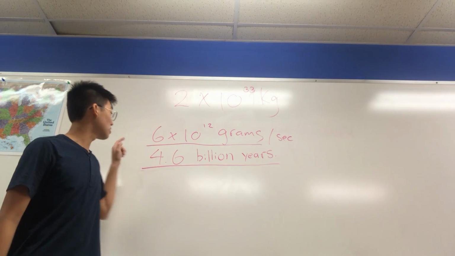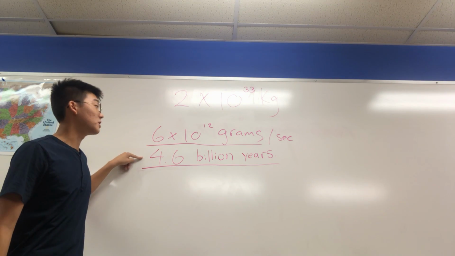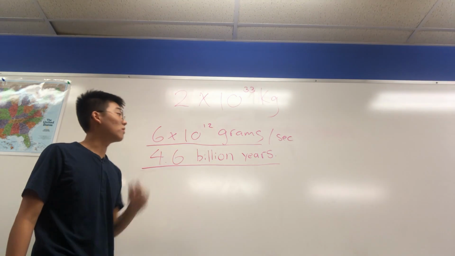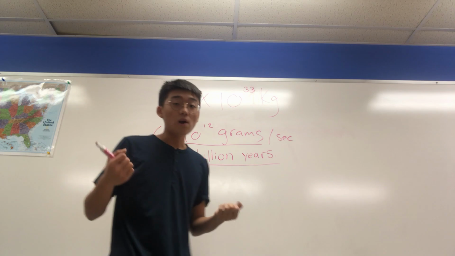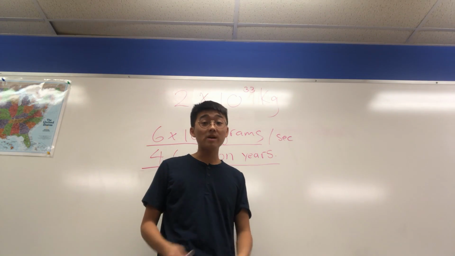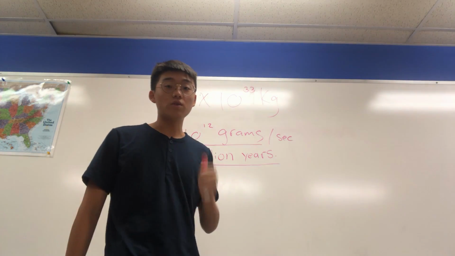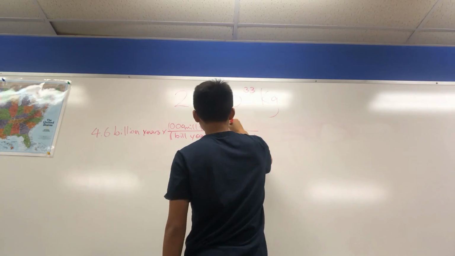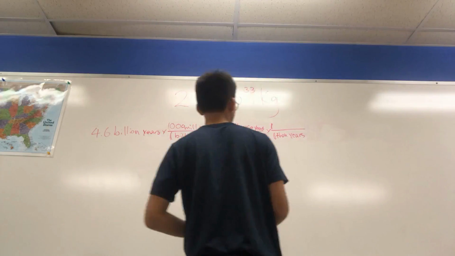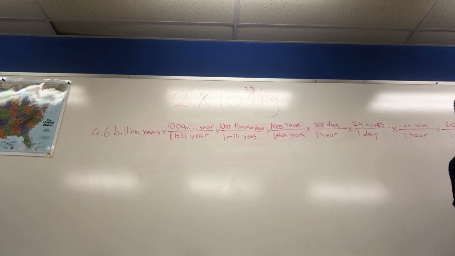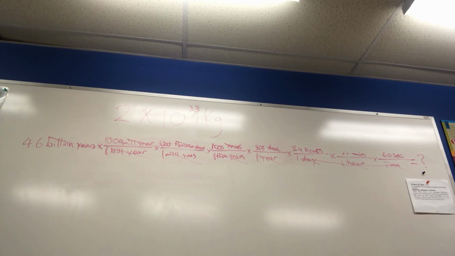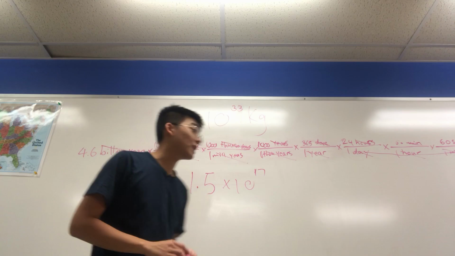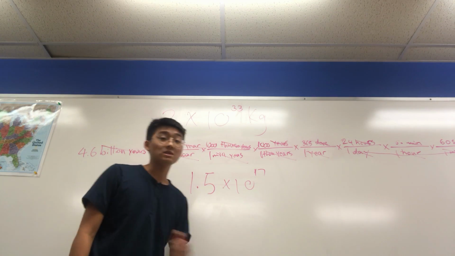So let's convert the 4.6 billion years into seconds, and we'll multiply that by 6 times 10 to the 12th and see the total amount of mass that the sun has lost throughout its lifetime. Simple algebra, I came up with the number 1.5 times 10 to the 17th.